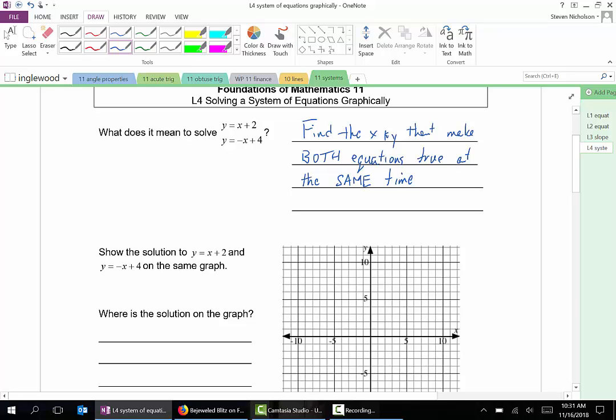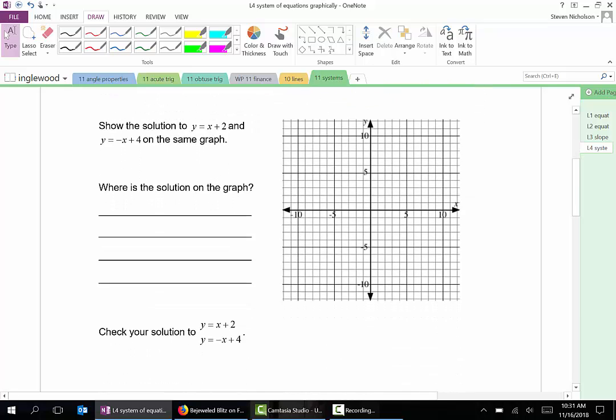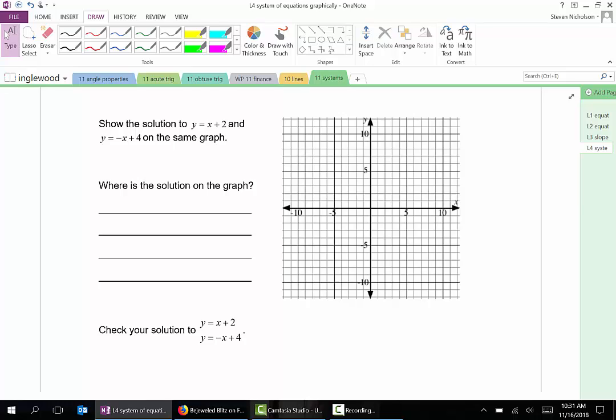So in this first example, we're going to look at solving graphically, because solving inequalities graphically, which is grade 11, is easier to do. So I'm going to graph this one in blue, and I'm going to graph this one in green, and we're going to first of all graph it, and then try to figure out where the answer might be.